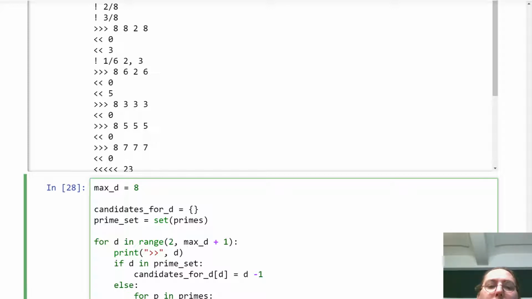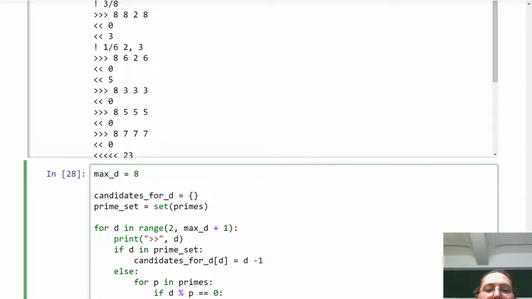So now you do if F mod P is 0. I'm very skeptical about this. If F mod P is 0, then the candidates for D is the candidates for F times P minus 1.